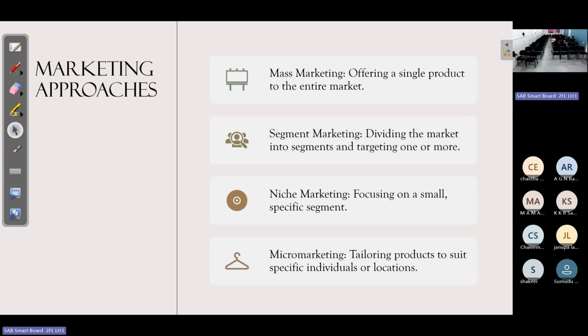That's what we call micro marketing. Even some vehicles, when we request, we can change the design or maybe the function. Sometimes we can customize, that option is there. If they customize according to individual preferences, that's micro marketing. So that's the meaning.